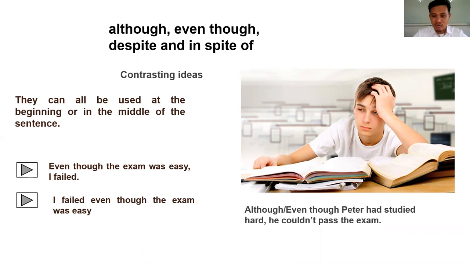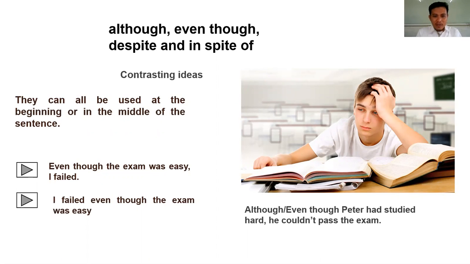Yes, it is contrasting. If it is not contrasting, what's supposed to be there? Even though the exam was easy, you expect that you will be successful, right? But the fact is, the exam was easy, and then you failed.